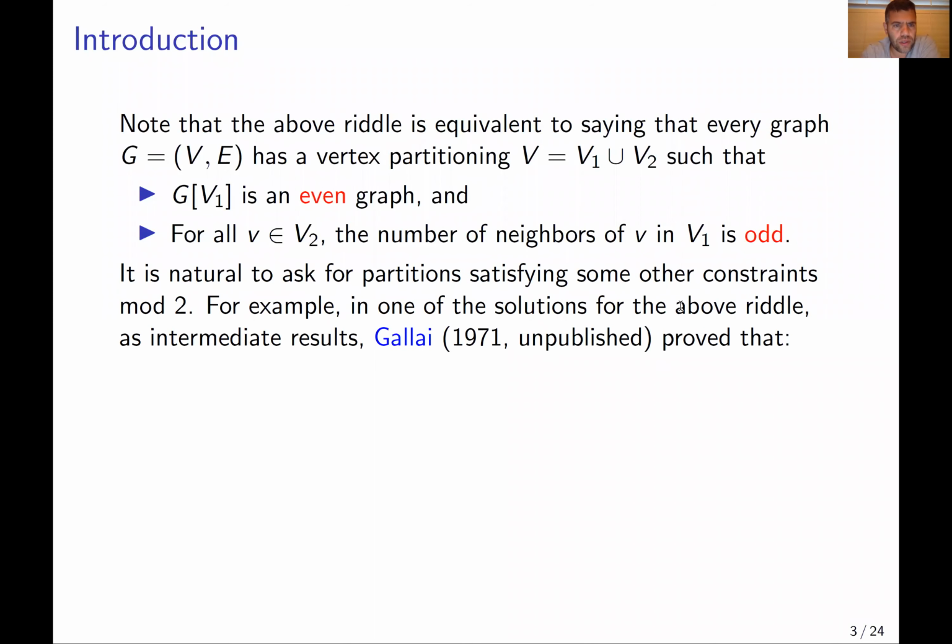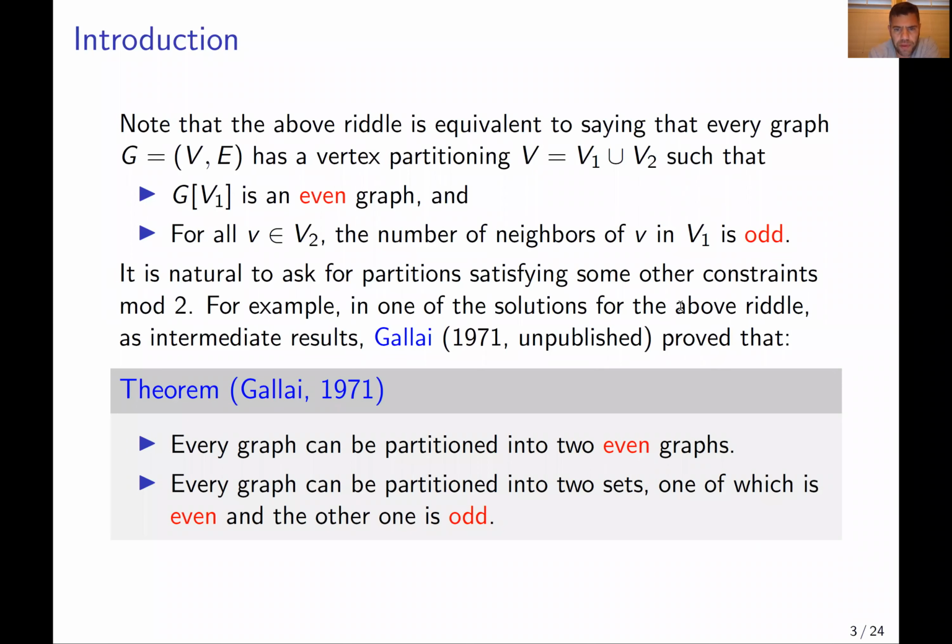I don't know if it's a good enough motivation or not, but it is natural to ask for partitions satisfying some other constraints, mod 2. For example, in one of the solutions for the above riddle, the solution that appears in the book of Lovász, as an intermediate result, Gallai in 1971, which is unpublished, proved that every graph can be partitioned into two even graphs, meaning two graphs that span only even degree vertices.